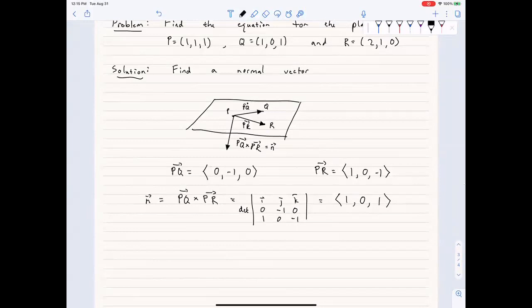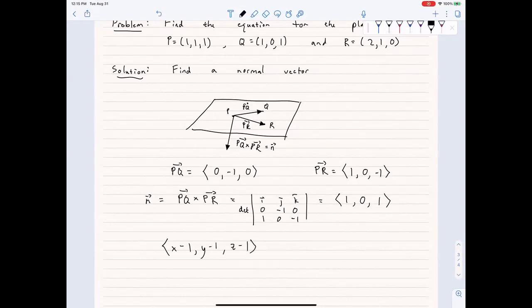My Q when I formulated the equation was arbitrary, it's not this Q. This Q is static, so I don't want to use the same Q. I'll just write X minus 1, Y minus 1, Z minus 1.